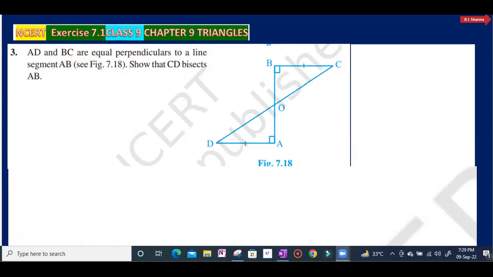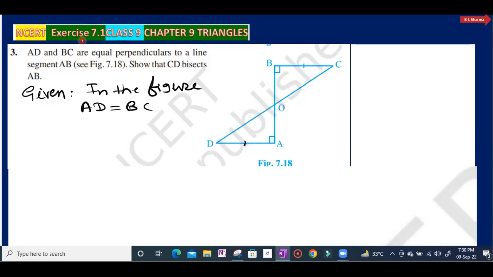So what is given? First of all, we write here what is given. In the figure, perpendiculars AD is equal to BC. देखिए ये AD is equal to BC, it is given.